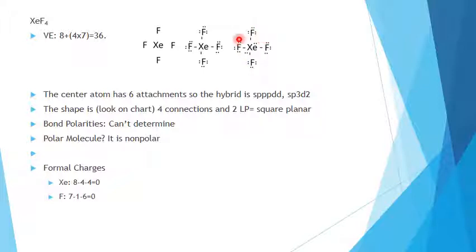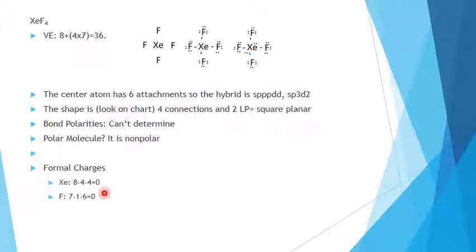So all these guys cancel each other out, and this ends up being a nonpolar molecule. So again, the general rule is especially for molecules that have less than 4 attachments. Once it gets to 5 or 6 attachments, you have to think a little bit more about it.